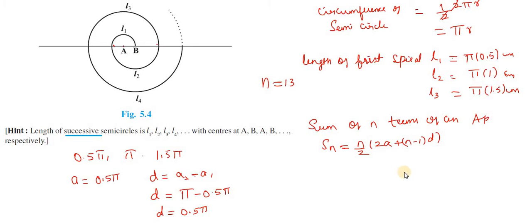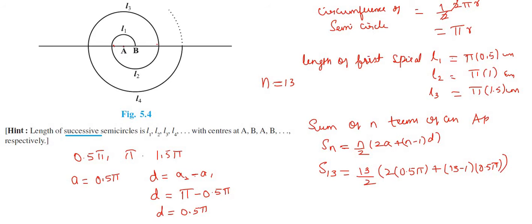Okay. So then now you can substitute the values. So S13 is equal to 13 by 2 into 2 into the a value, 0.5 pi, plus n minus 1, 13 minus 1, into 0.5 pi.